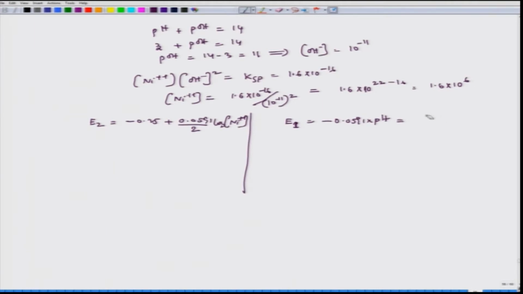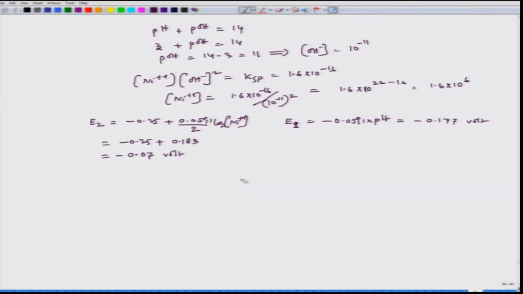So, I would get 0.0591 into 3, which goes to minus 0.1773, or I can simply say 0.18 volt, and this side becomes plus, so that concentration 1.6 exponential 6 gives 0.183. So, this becomes minus 0.25 plus 0.183, about minus 0.07 volt.